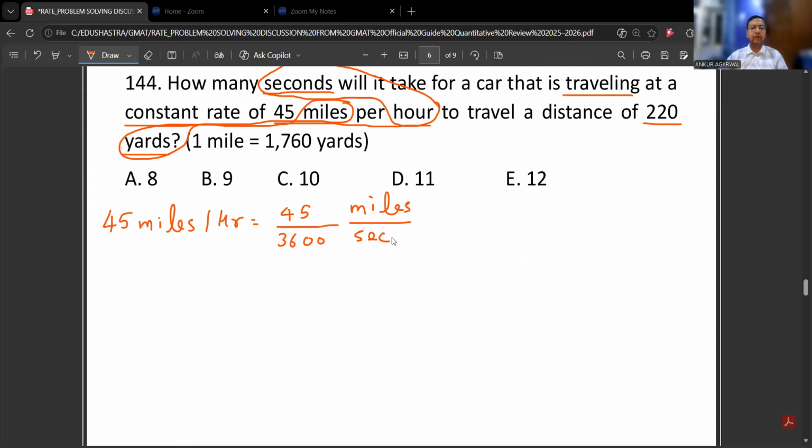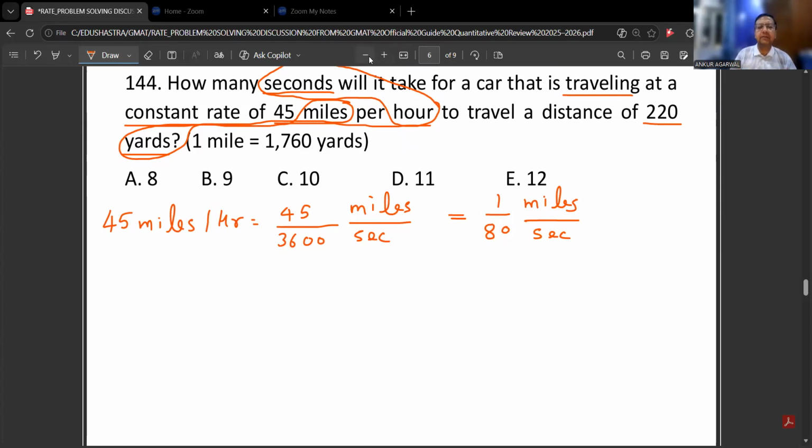So we convert 45 miles per hour into 45 by 3600 miles per second. And when you simplify this, it comes out as 1 by 80 miles per second. Very simple calculation, right?